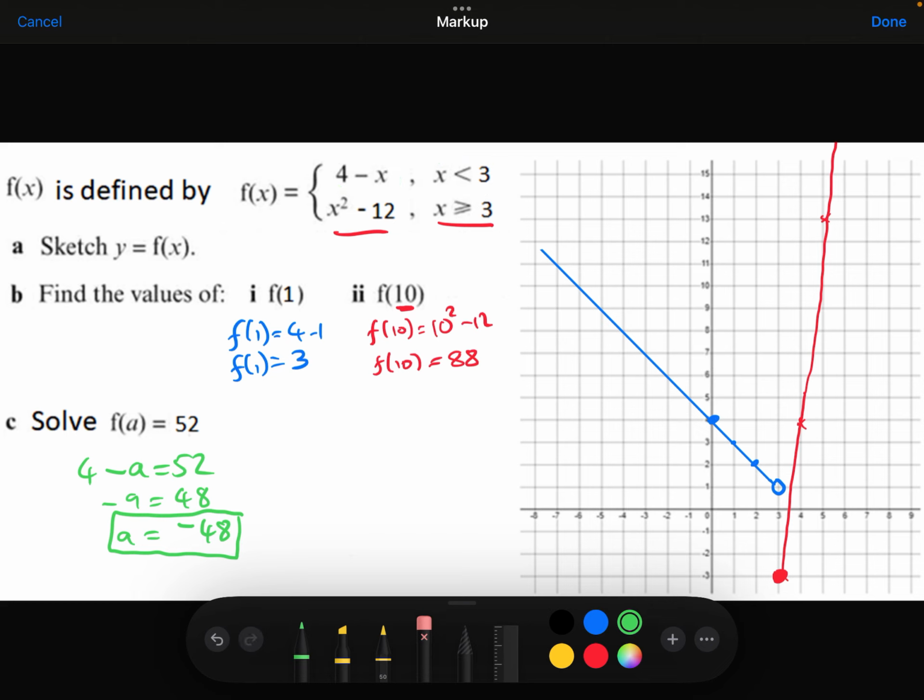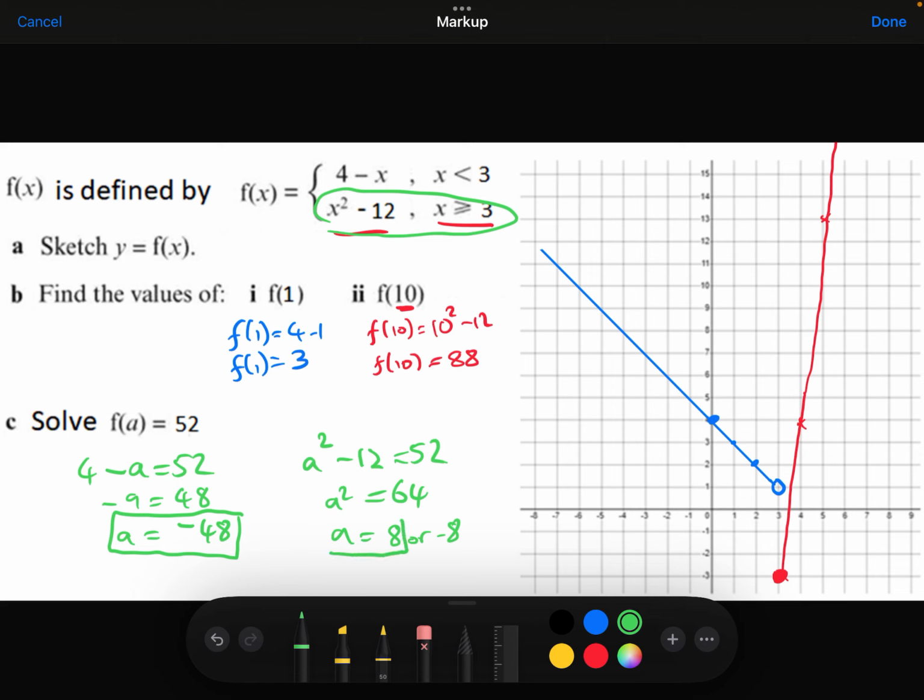Now let's see if the quadratic has any solutions for when f of x is equal to 52. Or in this case, f of a is equal to 52. So if I add the 12 to both sides, we get 64. Square root both sides, and we'll get either 8 or minus 8.